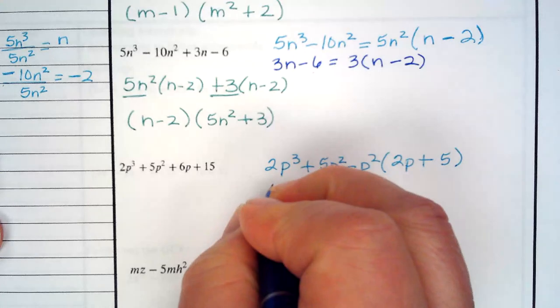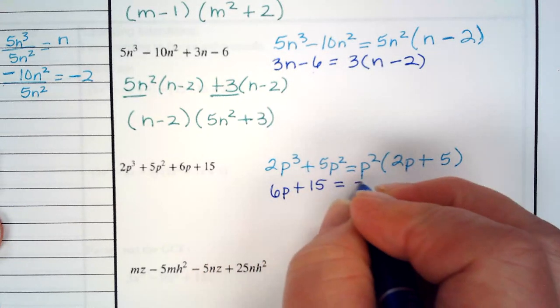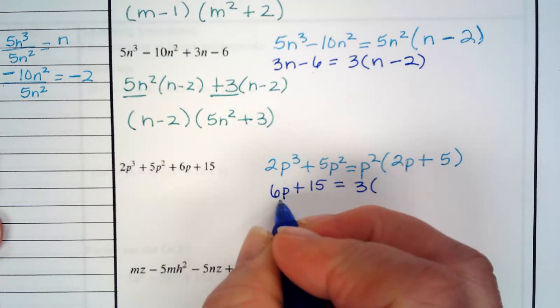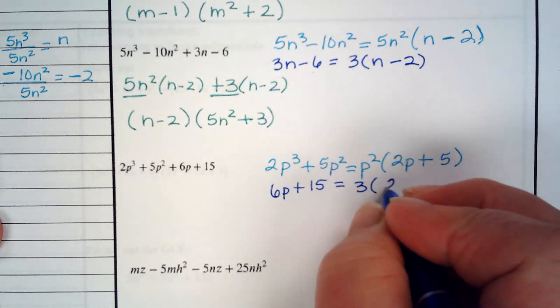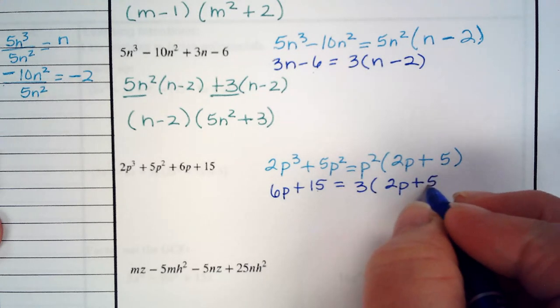6p plus 15. They have a factor of 3. 6p divided by 3 is 2p. 15 divided by 3 is 5.